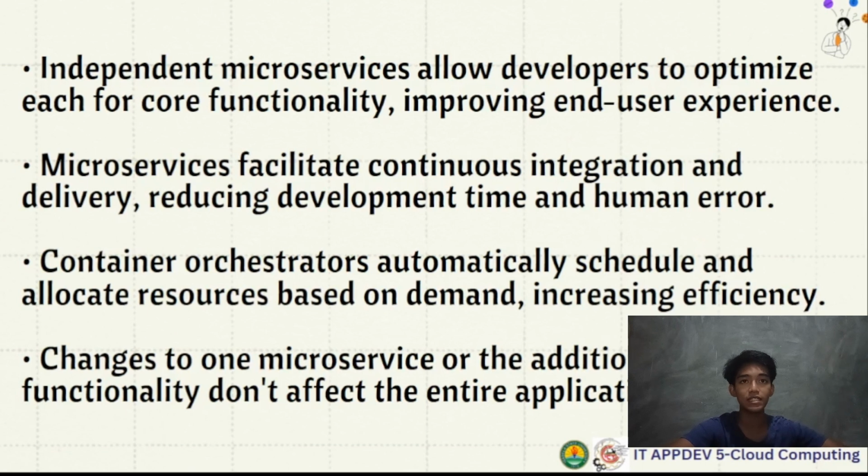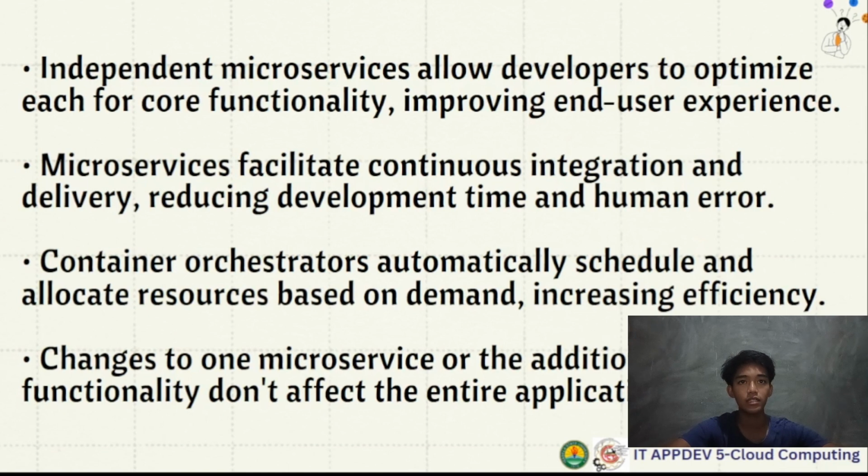The next one is container orchestrators automatically schedule and allocate resources based on demand, increasing efficiency. They schedule and allocate resources according to demand, enhancing operational efficiency by dynamically adjusting resource utilization.